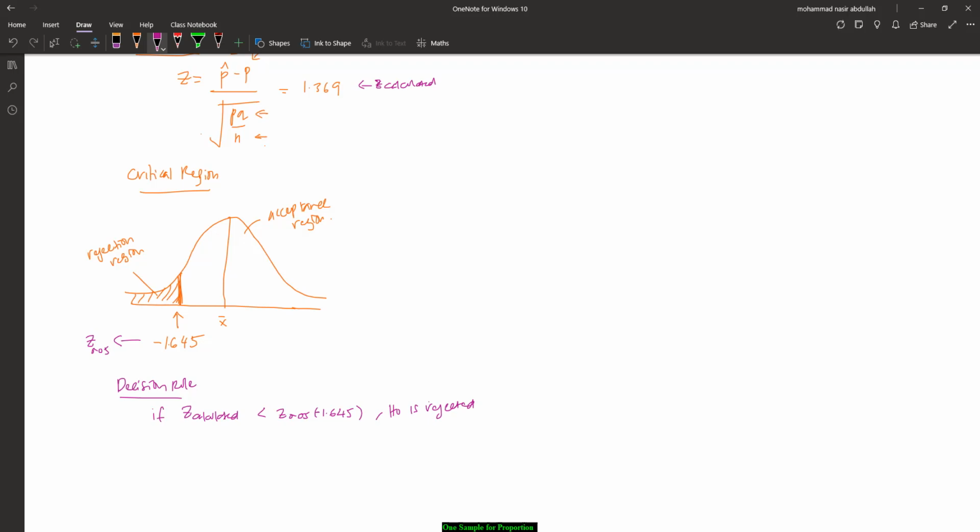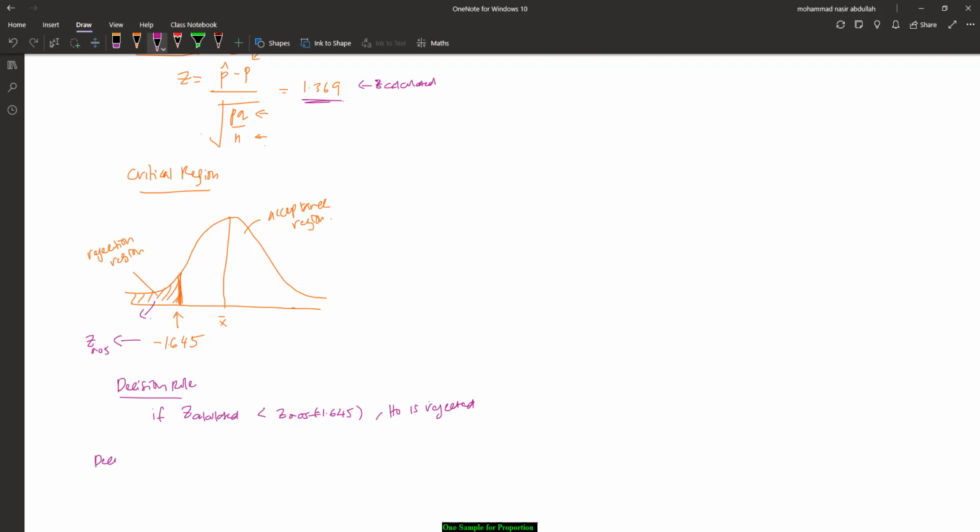It means that if the value of the Z statistic is less than this, it falls inside the rejection region, so we will reject the null hypothesis, right?